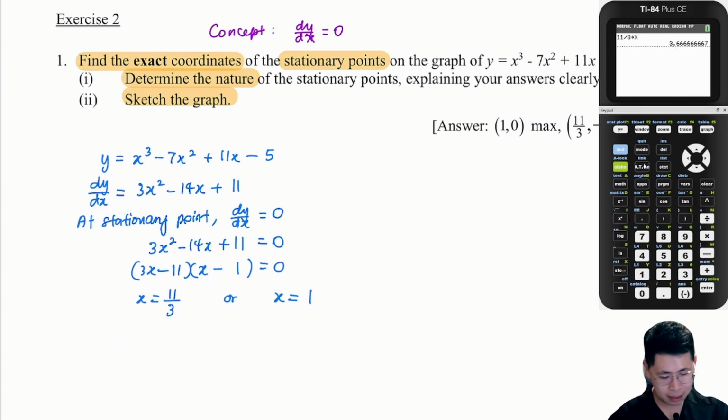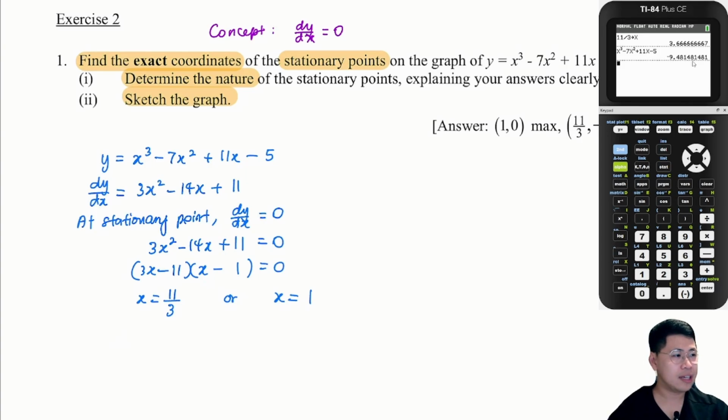Next, I'm going to type in the expression: x to the power 3, press to the right, minus 7x squared plus 11x. I'm typing it slowly because if I type fast, the software wouldn't read. I press enter, and this gives me a decimal form.